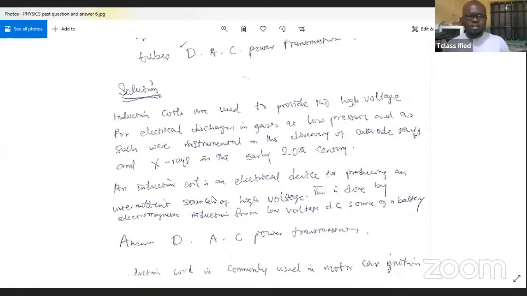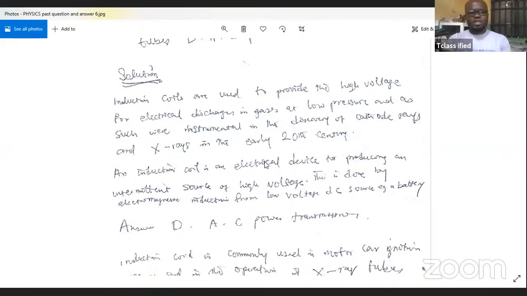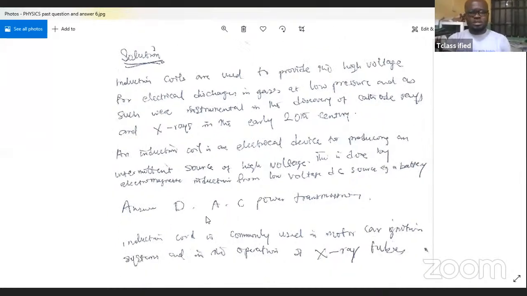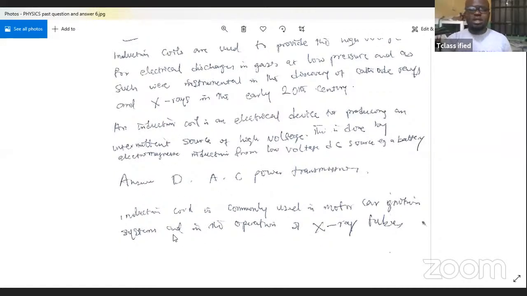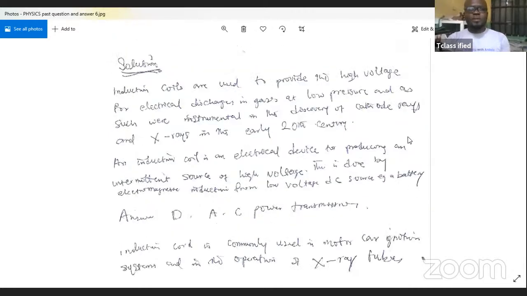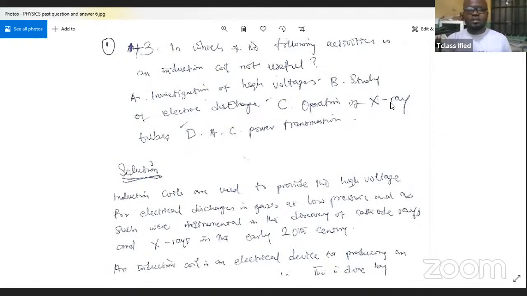It's actually done by electromagnetic induction from a low voltage DC source of a battery. So the answer should be AC power transmission, because an induction coil is commonly used in motor car ignition and in operation of X-ray tube. You can already see X-ray tube here. You can also see high voltage here. You can also see electric discharge.